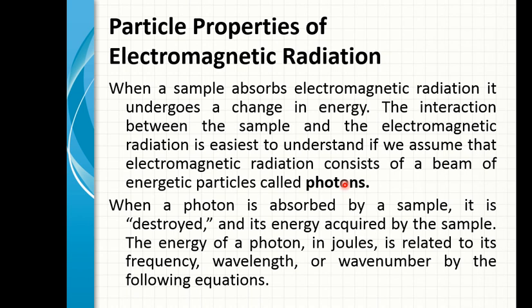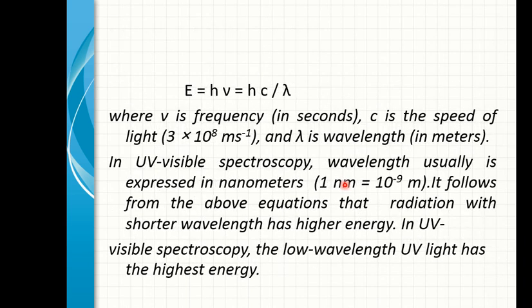When the sample absorbs this photon, the sample changes its energy, or acquires energy, and this change can be produced as data. We use it for qualitative and quantitative analysis of the sample.